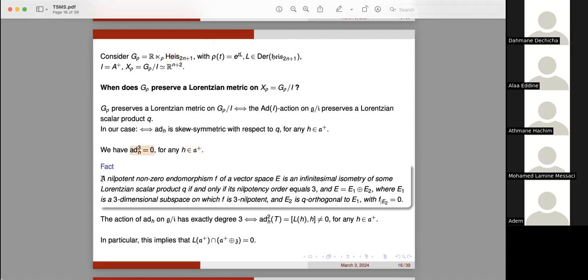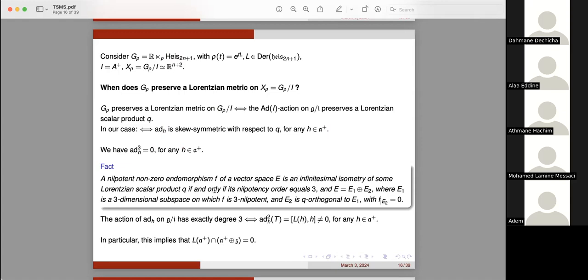So any element H in the Lie algebra of the isotropy is nilpotent of degree 3. And we have this general, classical fact for a nilpotent non-zero endomorphism of a vector space. Such a nilpotent non-zero endomorphism f of a vector space E is an infinitesimal isometry of some Lorentzian scalar product. So this means that when I take the exponential of this endomorphism, I have an isometry of a Lorentzian scalar product.